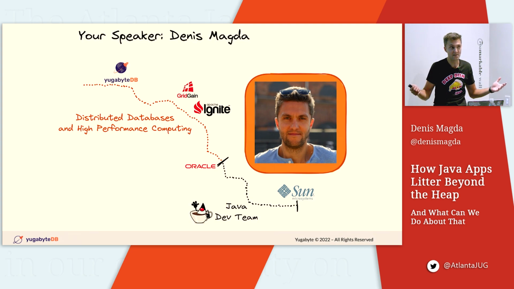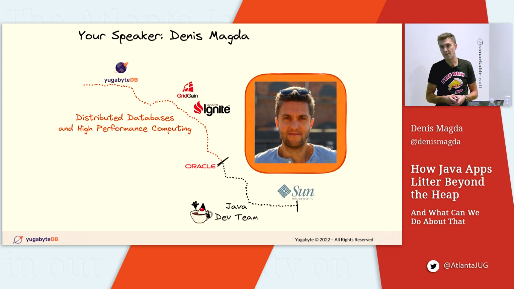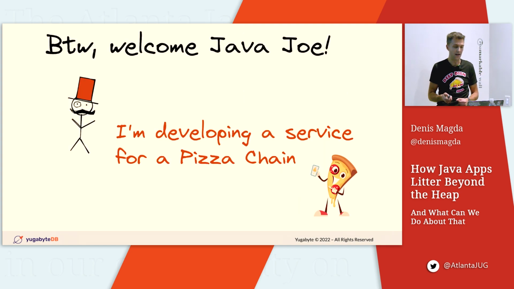That's another distributed database, but for high performance and in-memory computing. And prior to this databases journey, I used to work at Oracle and Sun Microsystems developing JVM and JDK. So that's why, even though I'm still a database guy, I want to stay connected with the Java community and show something new to Java developers and architects.